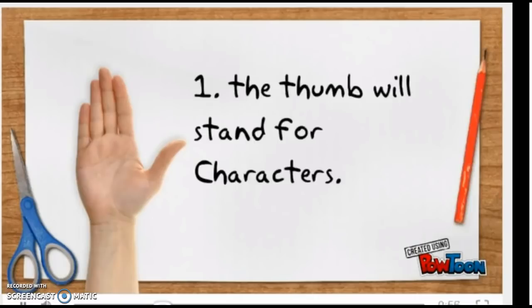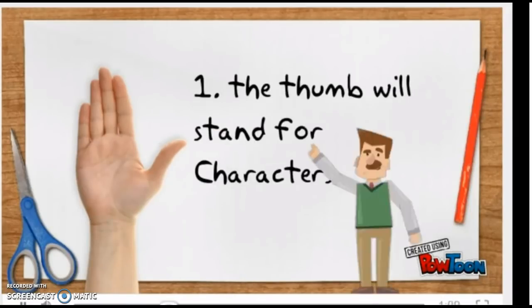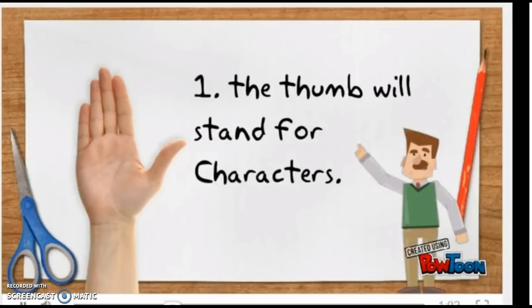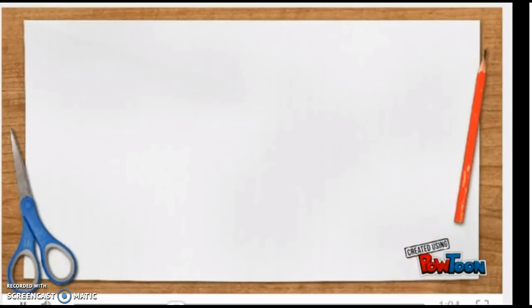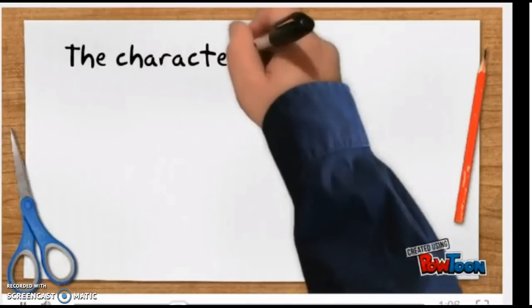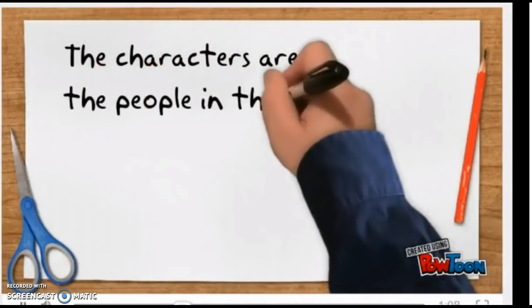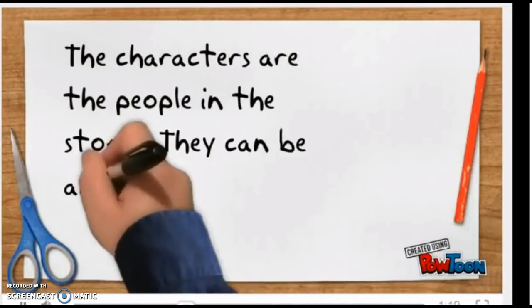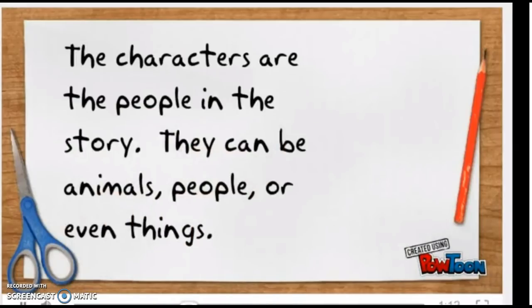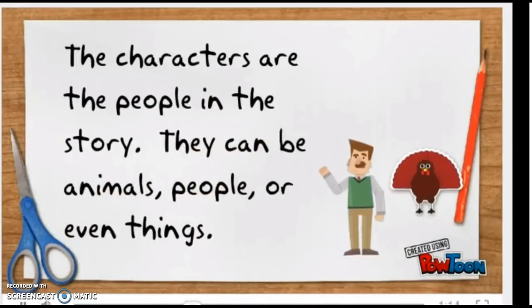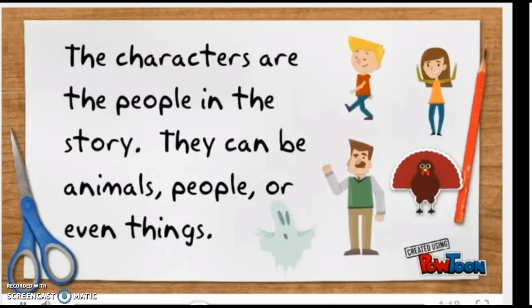Number 1, the thumb will stand for the characters. There's main characters and supporting characters. There can be more than one. These characters are the people in the story. They can be animals, people, or even things. A man, a turkey, a boy, a girl, or a ghost.